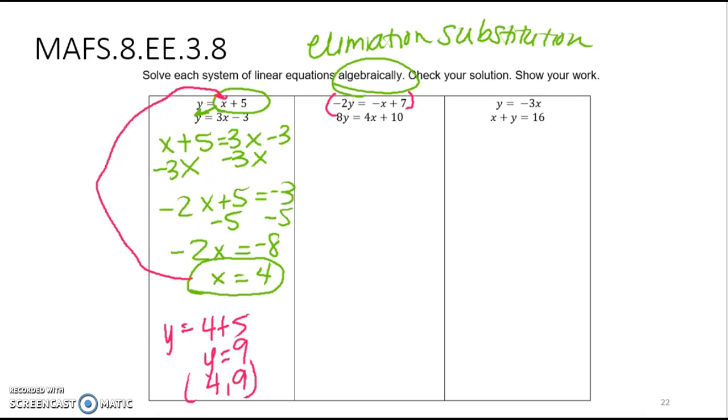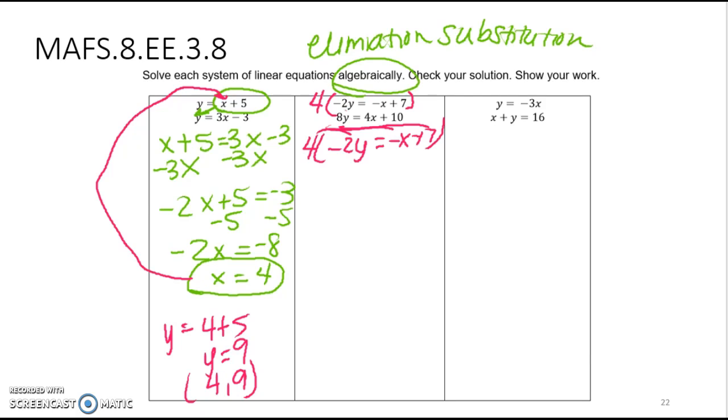If you look, I have a positive 8y and a negative 2y. If I were to multiply the top by 4, I would have a negative 8y and a positive 8y, which means I can get that to cancel out. So I'm going to multiply 4 by that top equation. Again, that's because I want to eliminate a variable.